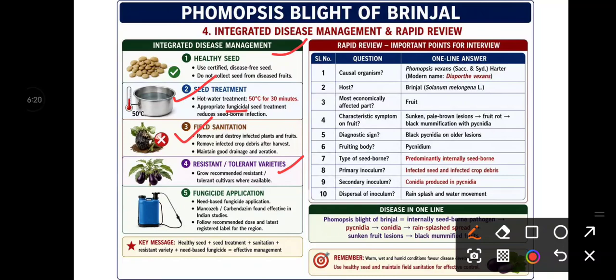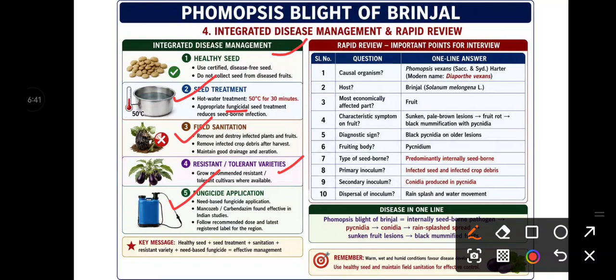Still, if we are getting some infection in the field after checking the primary source of inoculum, it is definitely coming from some other fields. It is secondary infection. How can we manage the secondary infection? For that, we will do fungicide application.